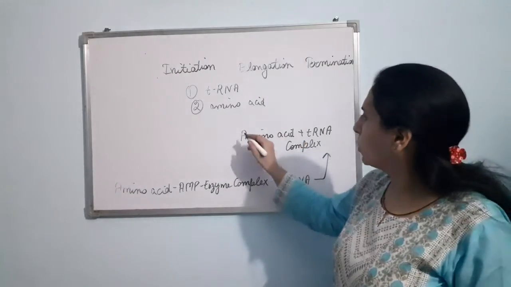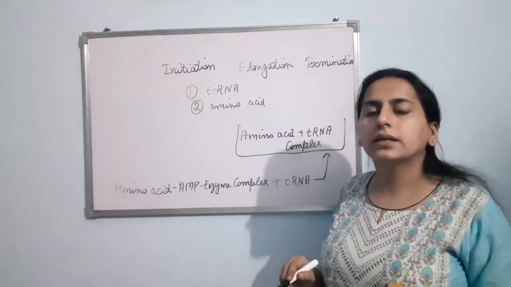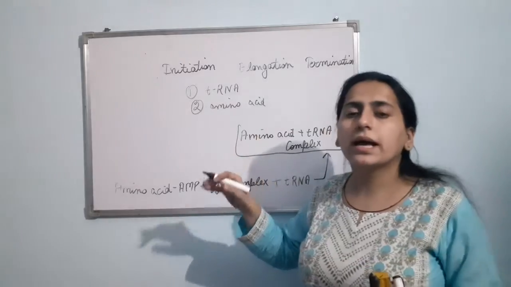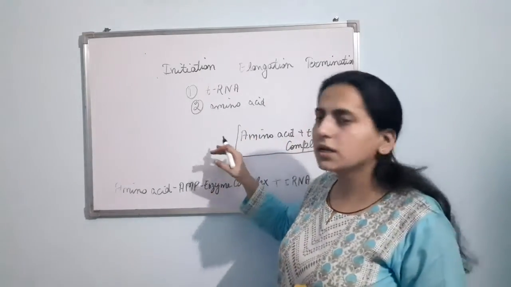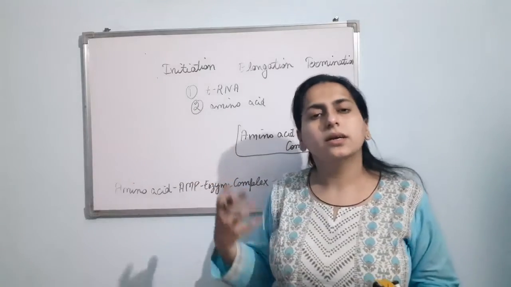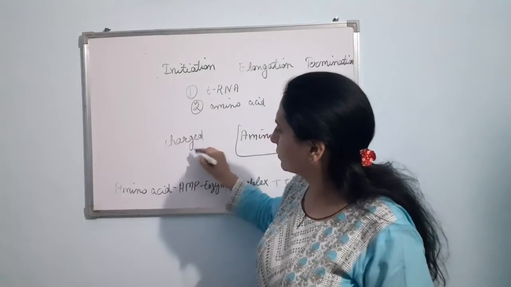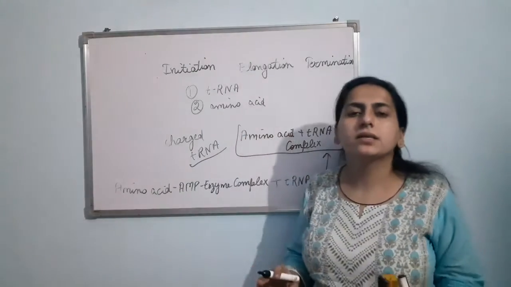Okay, now this amino acid tRNA complex has been formed. Now this is known as charged tRNA. Okay, this tRNA is known as charged tRNA. This is the first step, that is initiation.